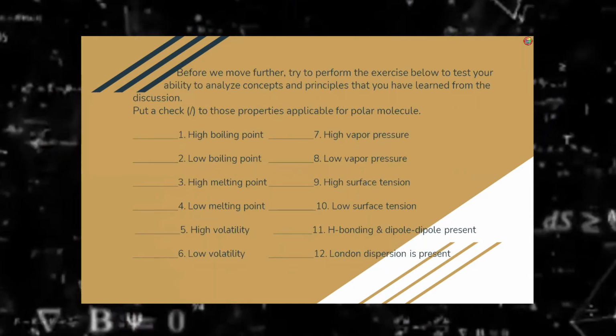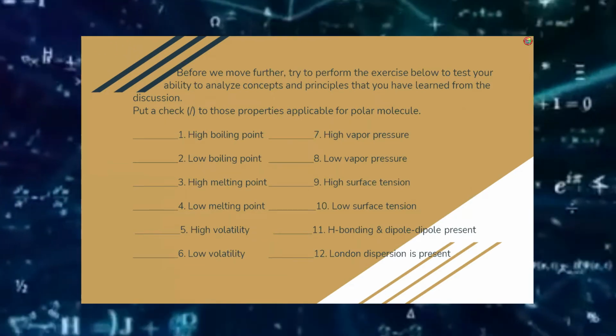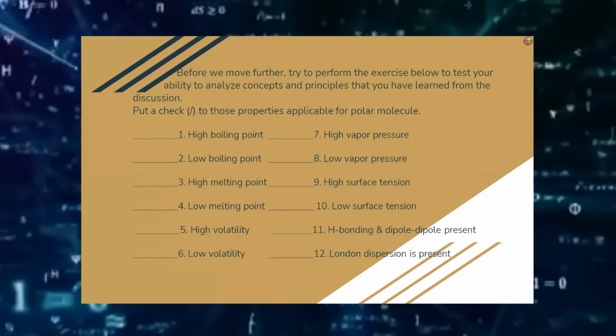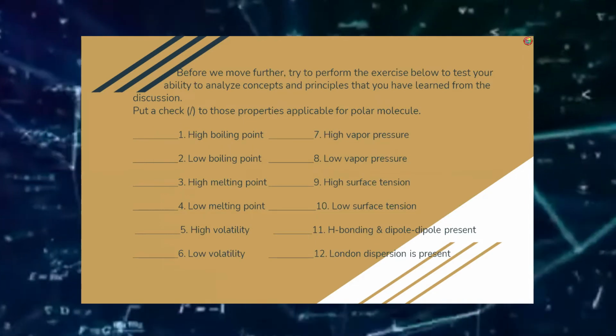Before we move further, try to perform the exercise below to test your ability to analyze concepts and principles that you have learned from the discussion. Put a check on those properties applicable to polar molecules.